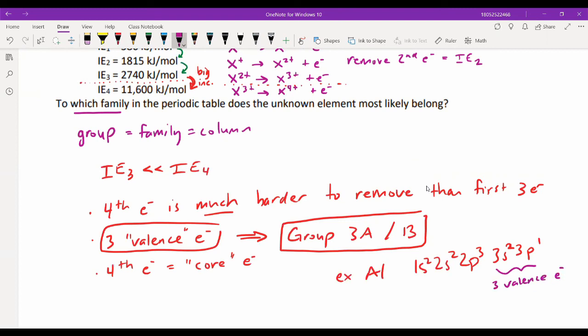And then once you remove those, you get down into the core, which is basically the neon core. Oh, I just noticed, writing this too fast: 2p6. So 1s2, 2s2, 2p6, neon, that's much harder to break open, right? Okay, so once you find the big increase where that starts, if it starts at IE3, 3 valence electrons, that tells you the group.